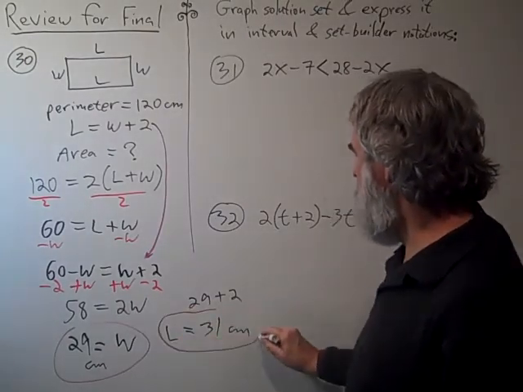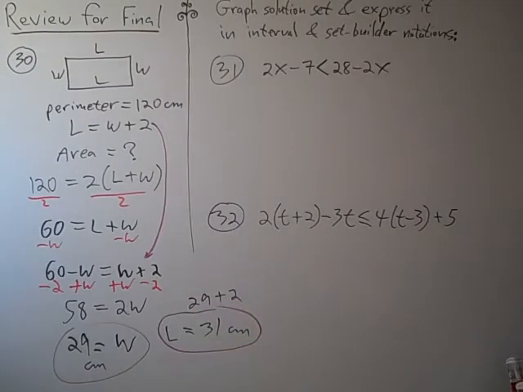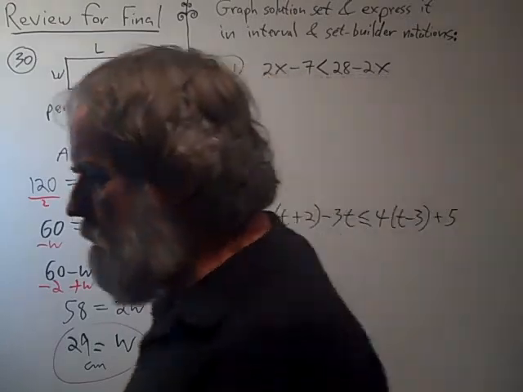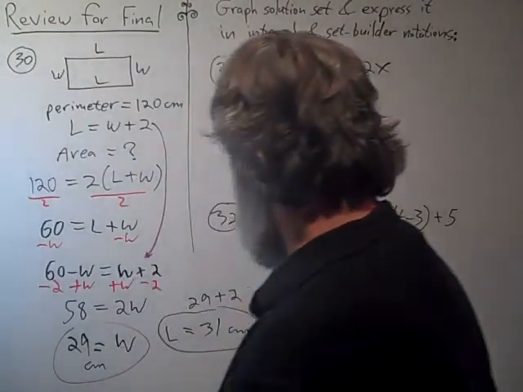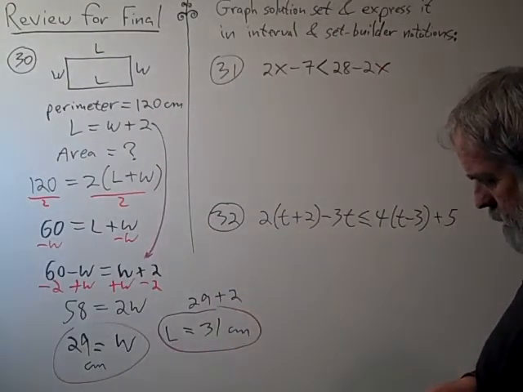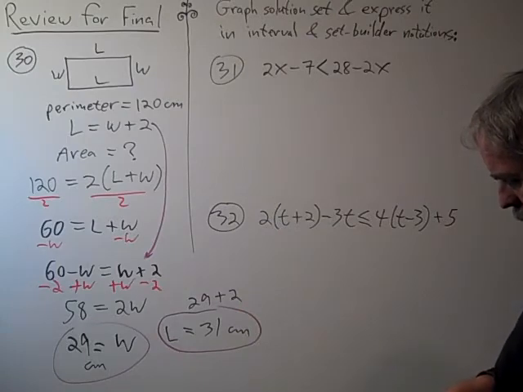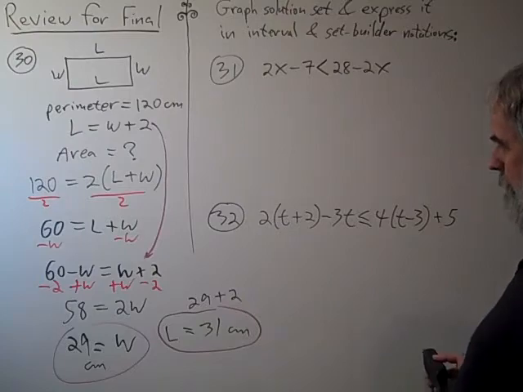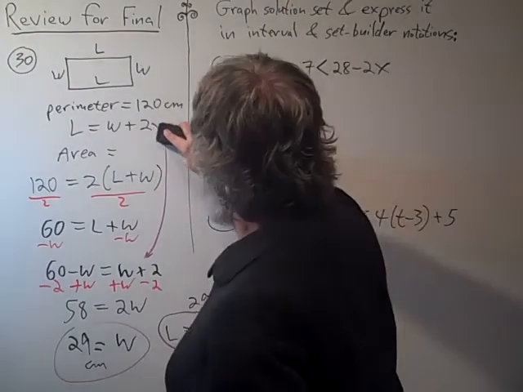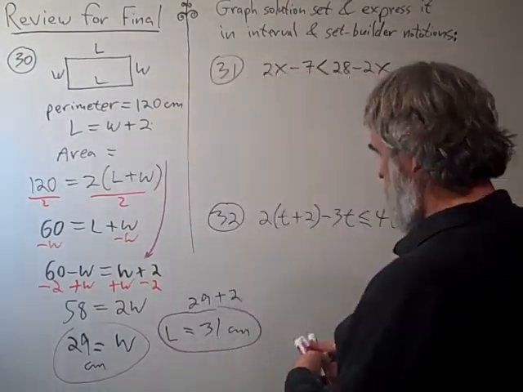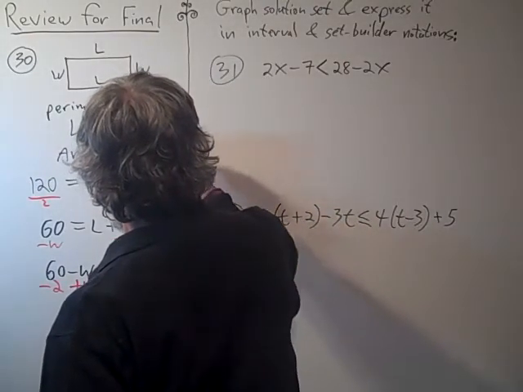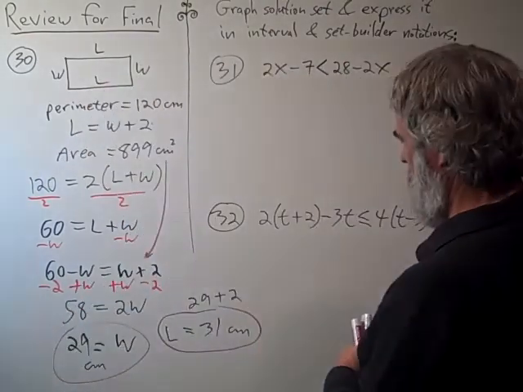And so finally we can answer the question about the area. The product of those two values, 29 times 31, is 899. So the area is 899 square centimeters.